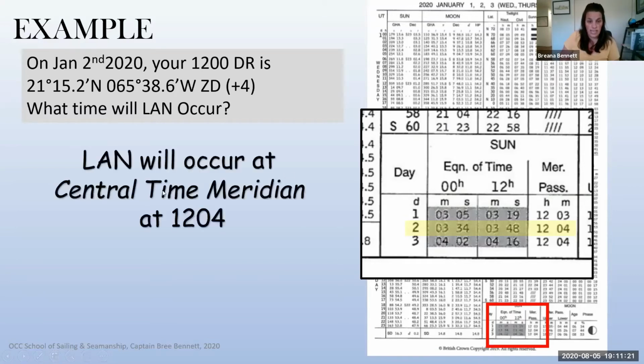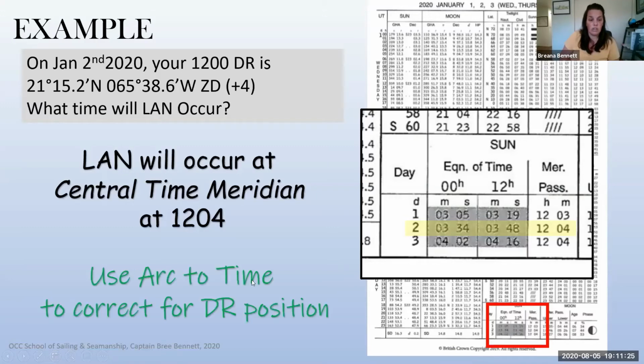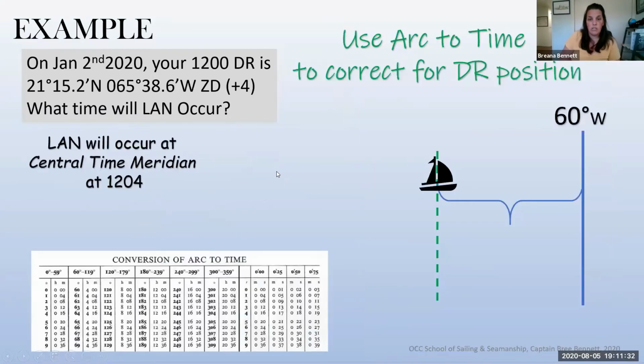So that is going to happen on the central time meridian, but we need to use the arc to time to correct for our DR position of where we are. So I multiply 4 times 15, I get 60. So my central meridian is 60, and I'm at 65:38.6. That's my DR. So I have a DLO of 5 degrees, 38.6.